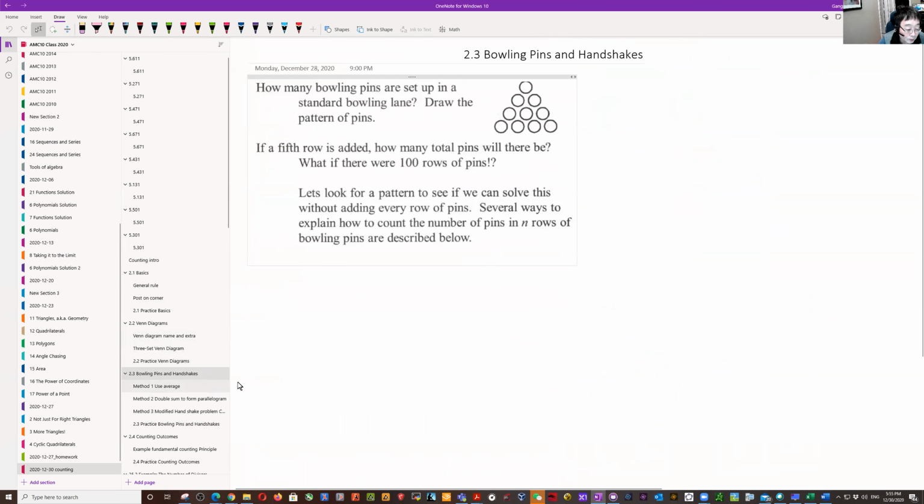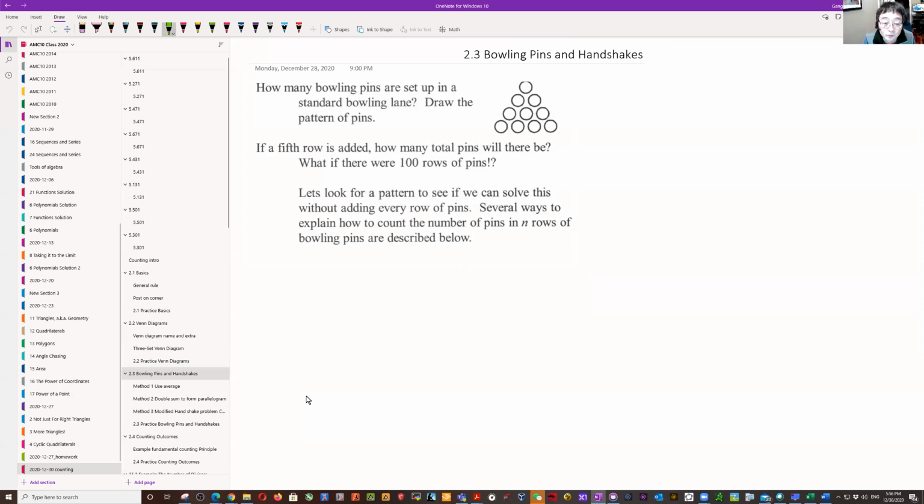And then we're going to go to this topic on the bowling pin and the handshakes. If you have ever been to a bowling alley, they mechanically put all those bowling pins, and you roll a ball to knock them down, and the top one will face you.